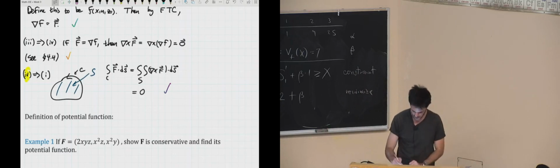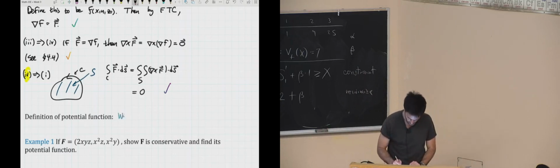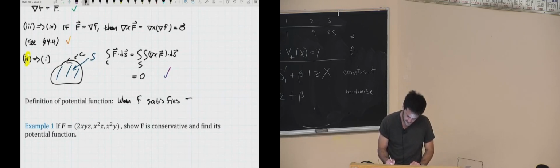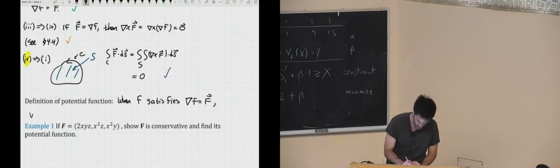Okay, so I already mentioned this definition before, but I'm just going to say it again. When little f satisfies that the gradient of little f is big F, we call little f a potential function.